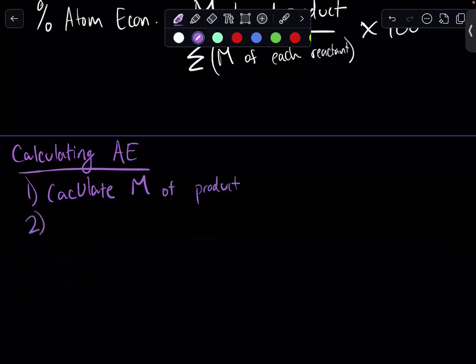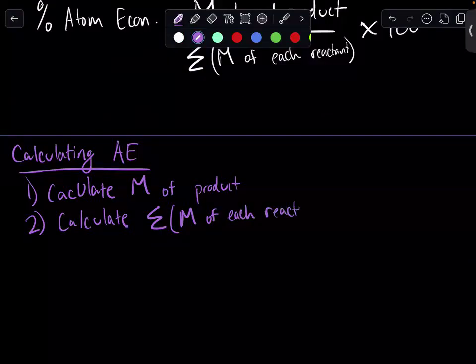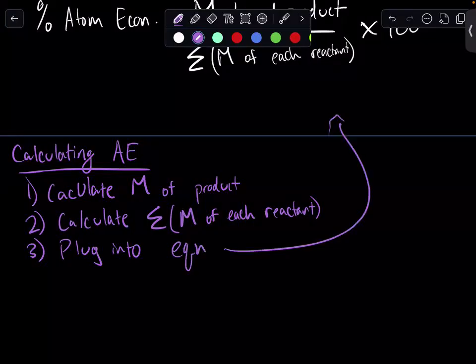Next, we have to calculate the sum of the molar mass of each reactant. And then we just plug into the equation, and I mean the one up there.